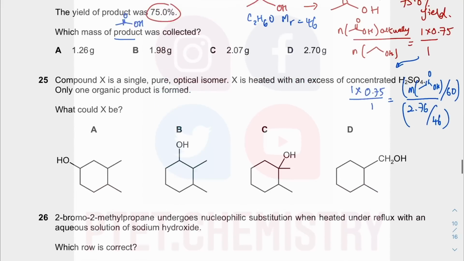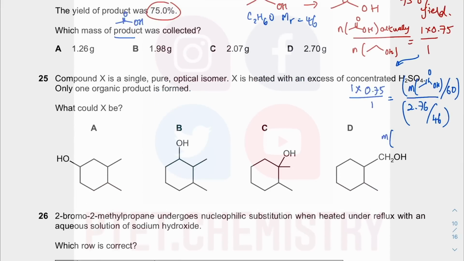Rearrange your equation, so a bit of algebra there. I am really running out of space. The mass of the carboxylic acid is equal to 0.75 times 2.76 over 46 times 60. I'm not sure if you can see on the screen.